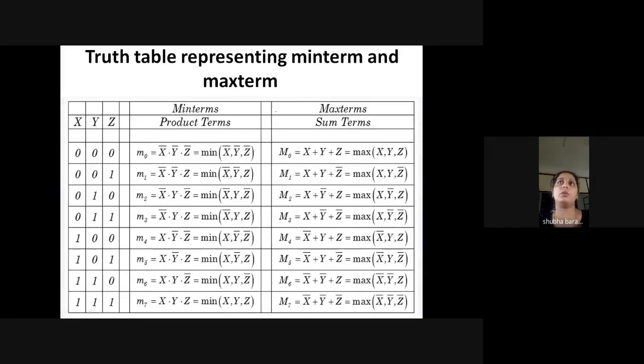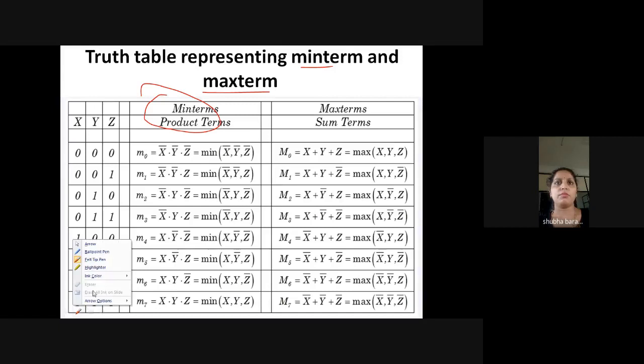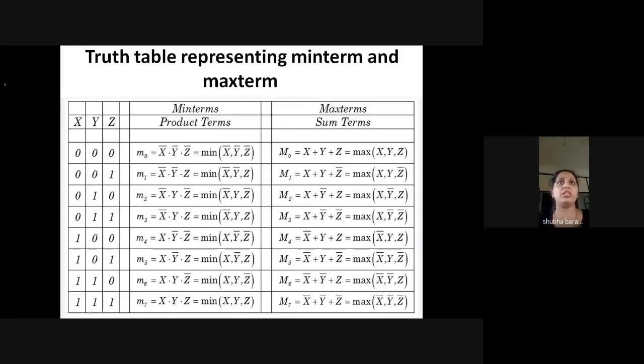Okay, this table represents the truth table for min term and max term. You first see this table, the min term table. Here you can see, for the function of three variables x, y, z, 0, 0, 0 in min terms or SOP form, sum of products form. How do we write it?